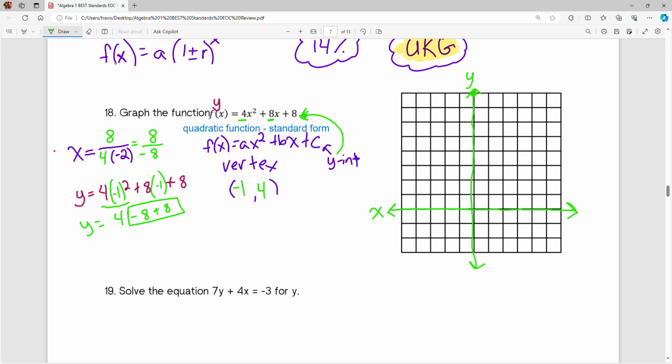So x is negative 1, y is 1, 2, 3, 4. So I know that's a minimum. And since this would be my axis of symmetry, I need to have another point right here at negative 2, 8. And now my graph is a U.